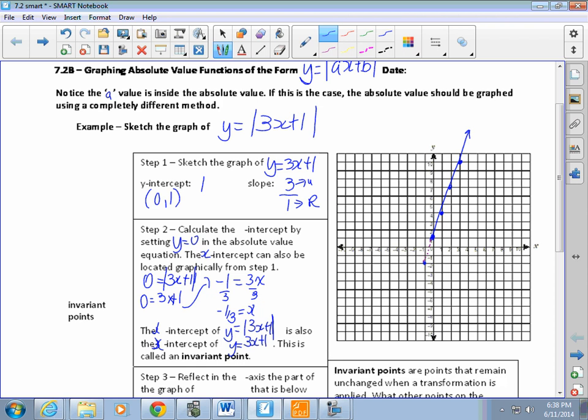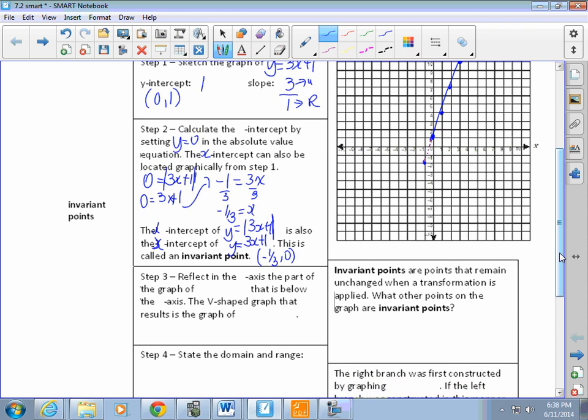When we have that, we call that an invariant point. When the absolute value equation and the regular linear equation have that same point in common, that same x-intercept, we call that the invariant point. So that invariant point would be at (-1/3, 0) on this graph.